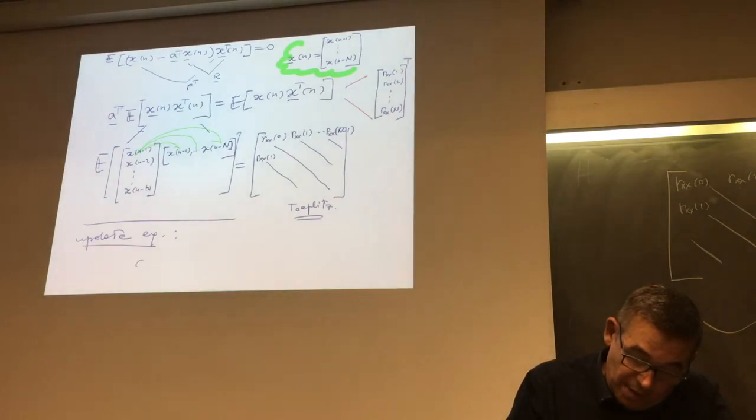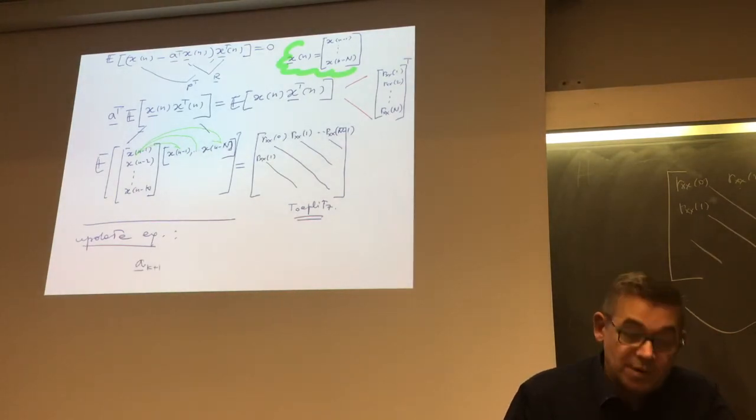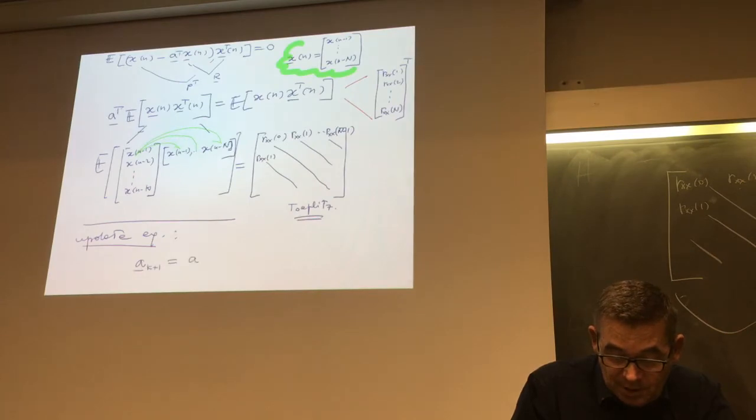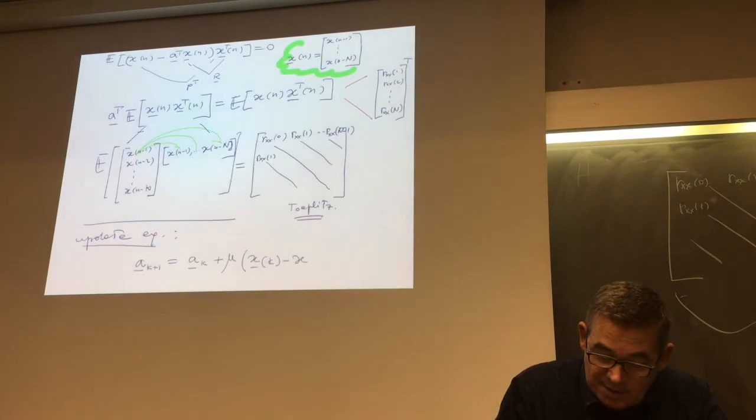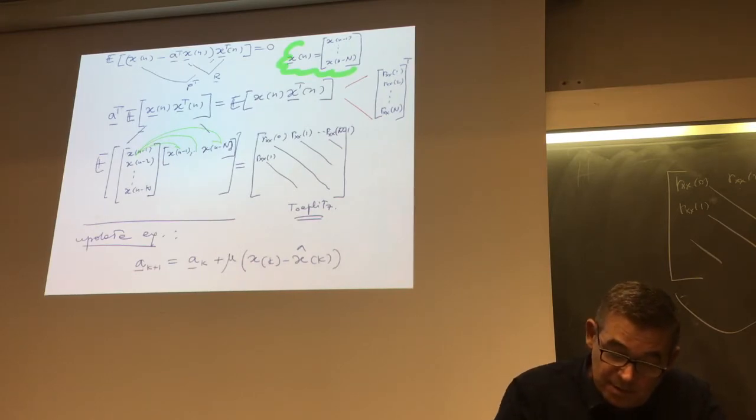The linear predictor at iteration k plus 1 is equal to the linear predictor at iteration k plus mu, which we are going to establish, times the error, which is xk minus x hat k, the predicted value, multiplied by the vector xk.